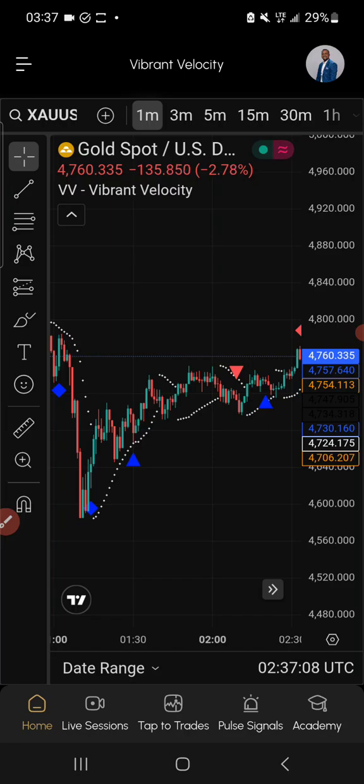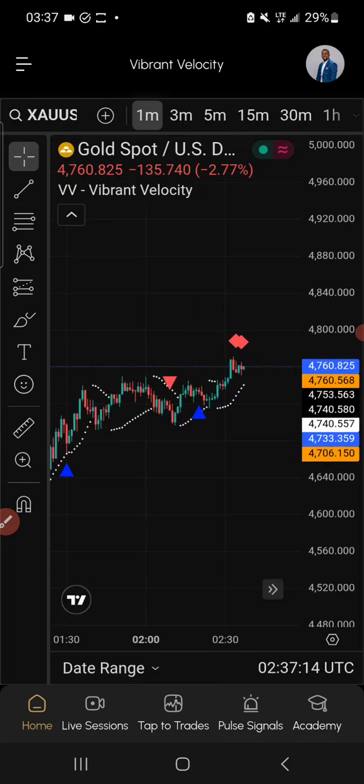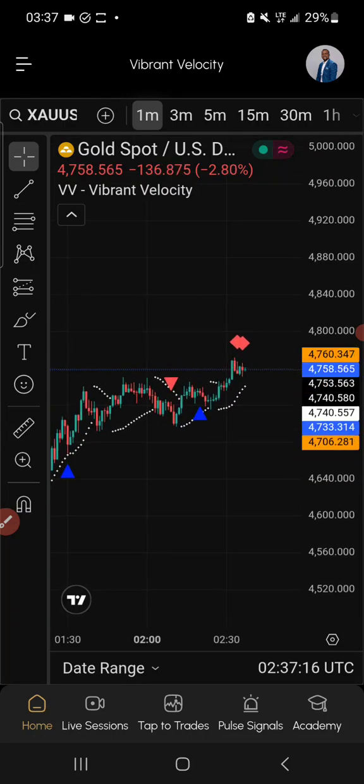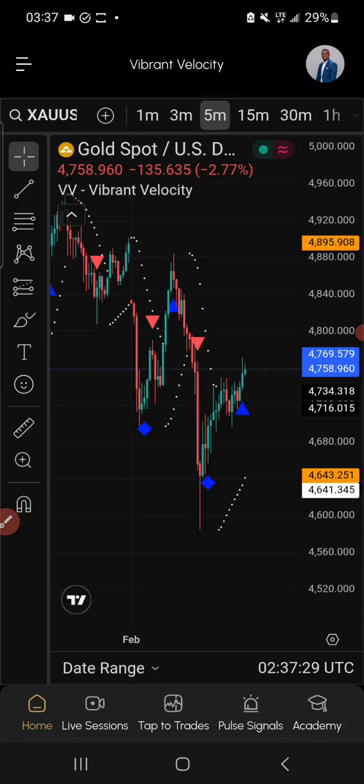I'll wait for the same thing to happen on the 3-minute or 5 minutes and then enter, because on the 1 minute you have a lot more false signals. So you can just use the 1 minute to observe maybe a change in trend, but I generally like to use the 3 minutes and the 5 minutes.